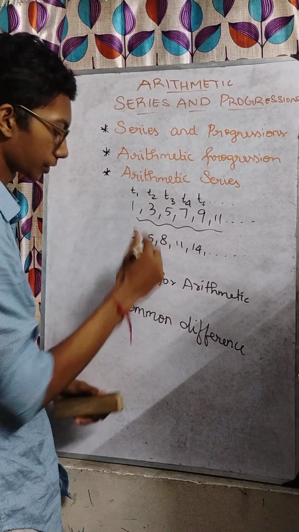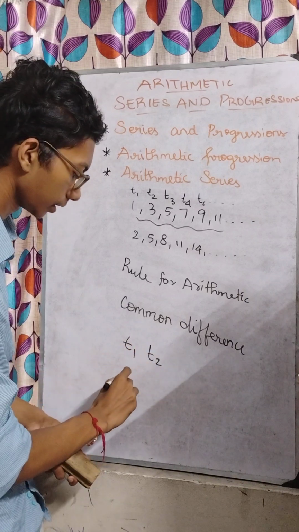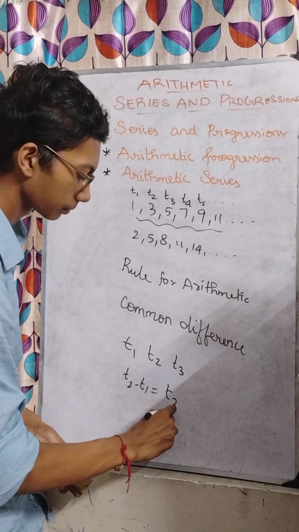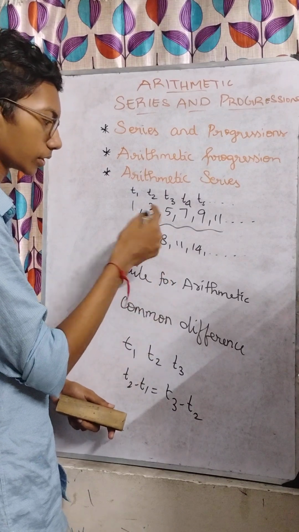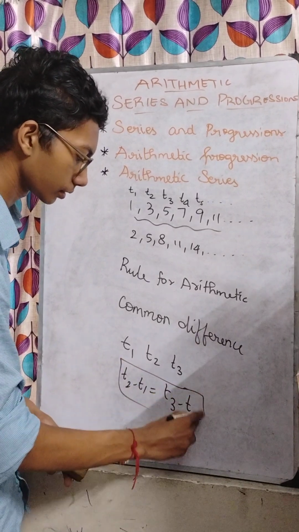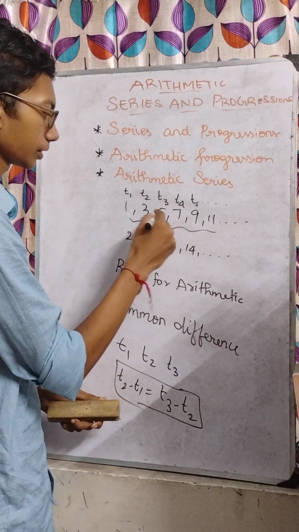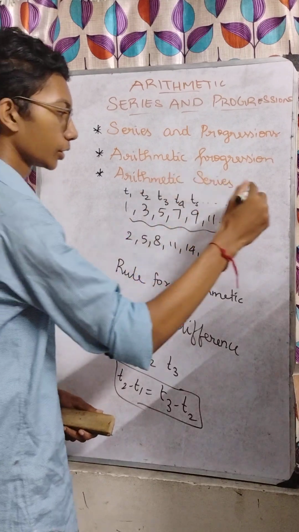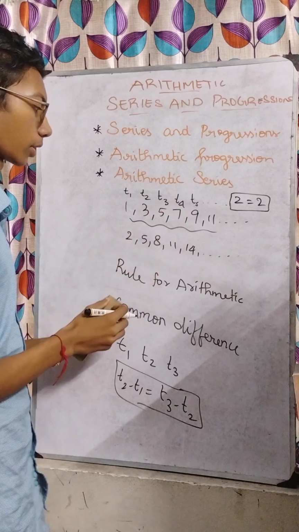So what we have here is T1 and T2. The relation must be T2 minus T1 equals T3 minus T2. That is, the difference between the first two numbers must be the same as between the next two numbers. This is what the relation should be if it is an arithmetic progression. In this series, T2 minus T1 is 2, T3 minus T2 is also 2. This should be followed for all the numbers in the progression.